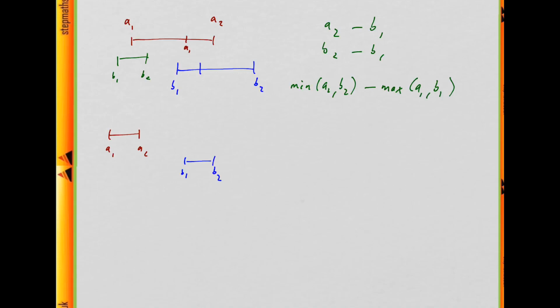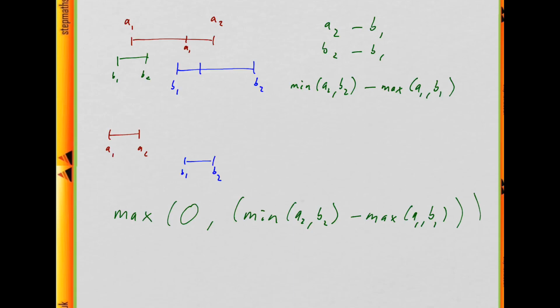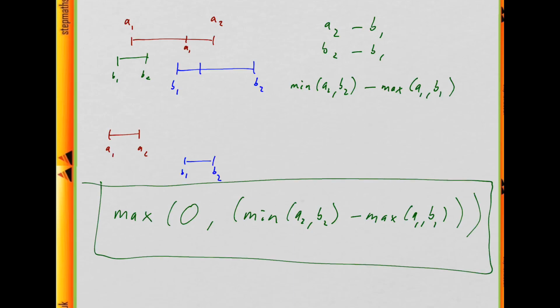So what we actually want our answer to be is the maximum of 0 and then this expression, which I'll just put in brackets to make it a bit clearer. Like this. And now this is going to be our final answer, because for the cases where they overlap, we already saw this works. Where they don't overlap, we've now made sure that the smallest it can go is 0, it can't go negative.